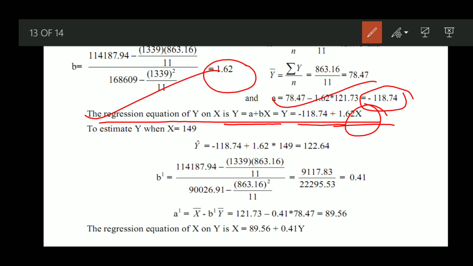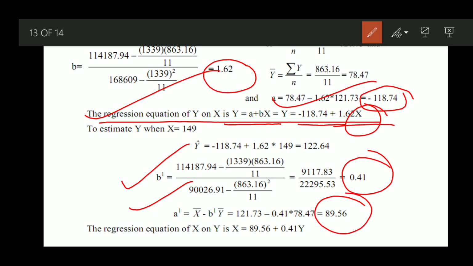Now we need to find out the equation of x on y. It's very simple again. Again we have to calculate our regression coefficient and the intercept term. So this is the regression coefficient and this is the intercept term. So this is our regression equation of x on y.